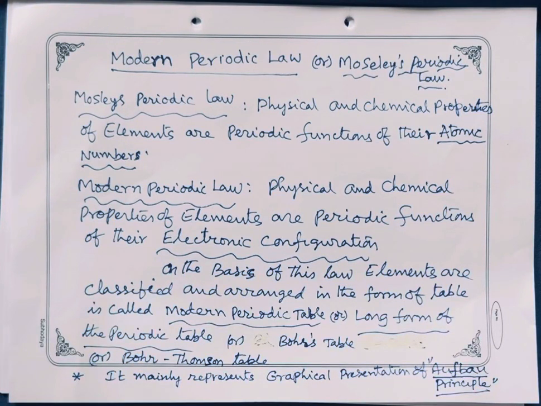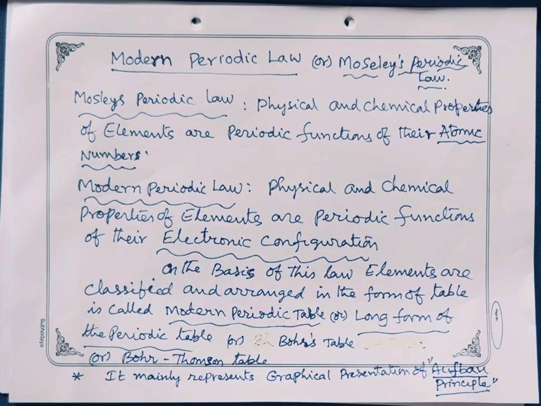Now, let us see the modern periodic law or Moseley periodic law. Moseley proposed atomic number for the elements. Atomic number is the best property to explain the properties of elements, rather than atomic weights. If you know the atomic number, you can write the electronic configuration.